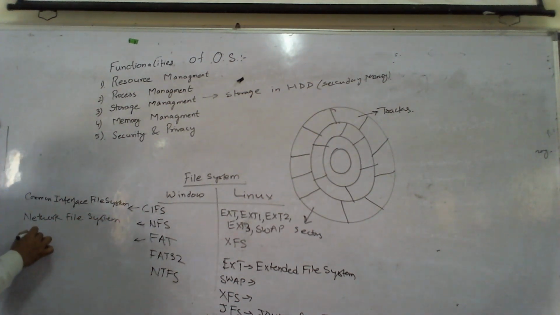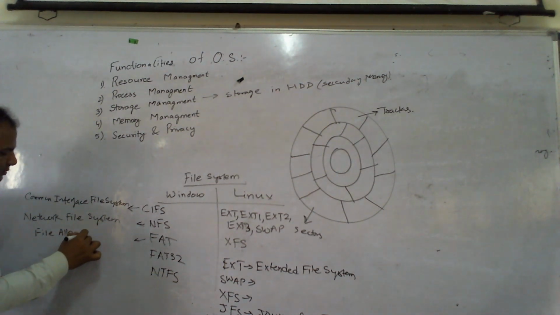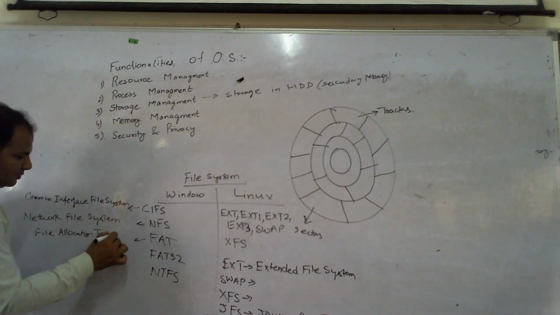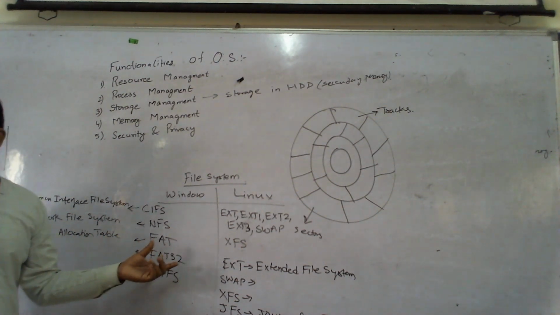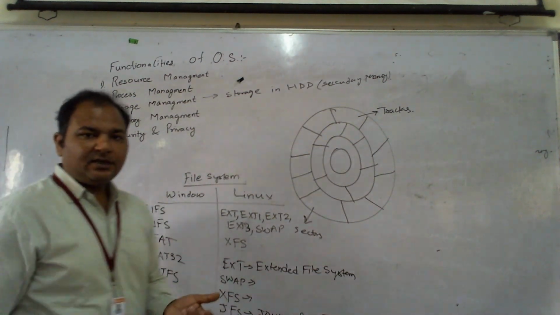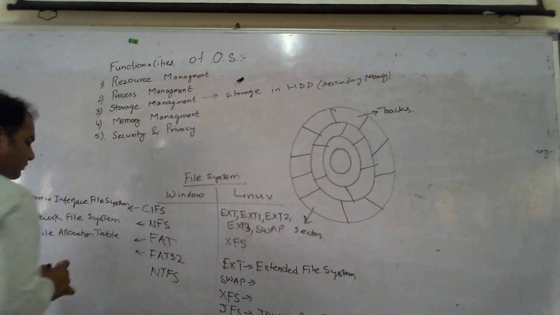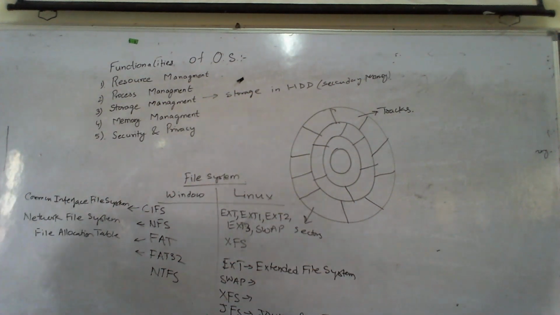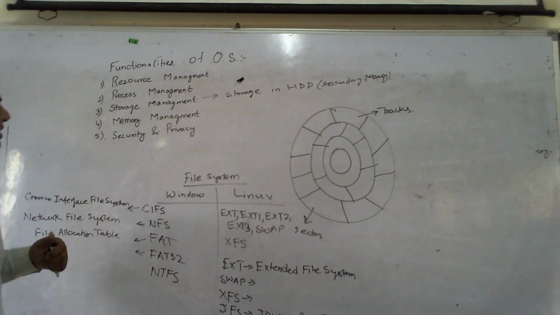FAT is File Allocation Table. There is also FAT32, the file allocation table for 32 bits, and NTFS is New Technology File System. So these are the file systems of which I have given a brief introduction, about storage management.